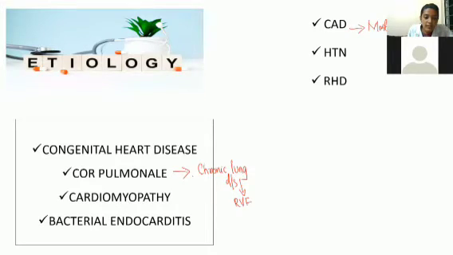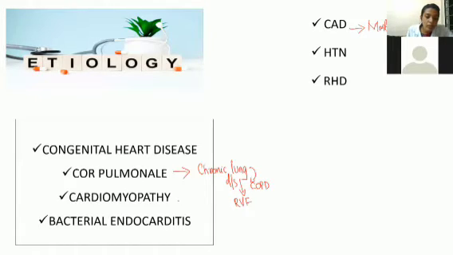Can you say an example of a chronic lung disease? COPD. COPD is a chronic lung disease, so in this condition also we can see cor pulmonale. Due to the chronic lung disease, right ventricular failure will happen. That is known as cor pulmonale, and this can also contribute to heart failure.